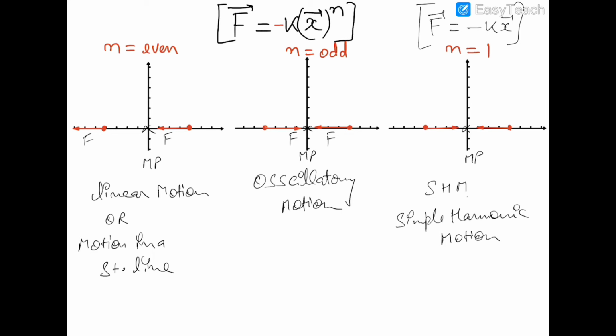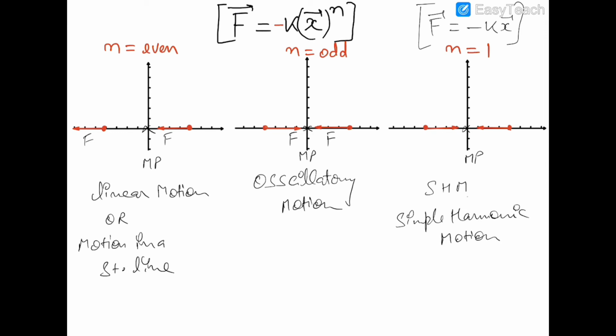Now a periodic motion is a motion which repeats itself after a fixed period of time. So in oscillatory motion, the particle is performing to and fro motion after a fixed period of time. Therefore each oscillatory motion is a periodic motion, but each periodic motion is not an oscillatory motion. Earth revolves around the Sun, or an electron revolves around the nucleus, in a fixed interval of time.